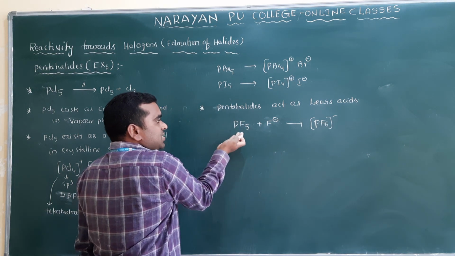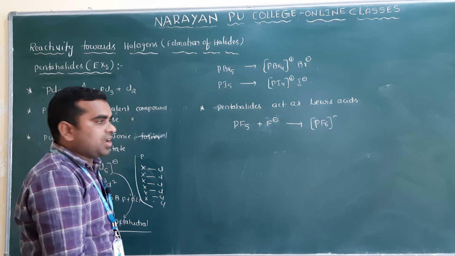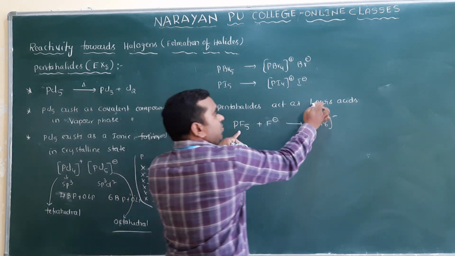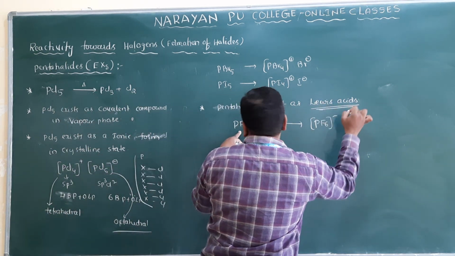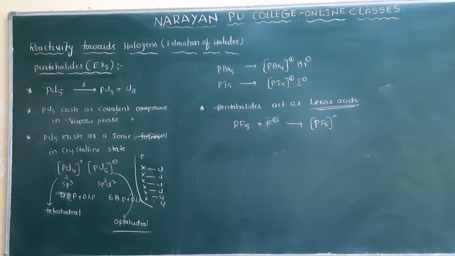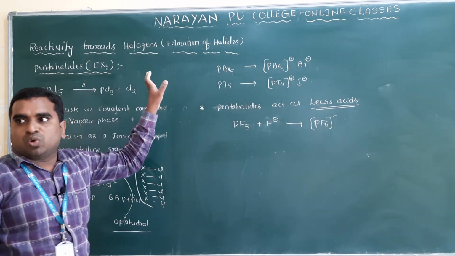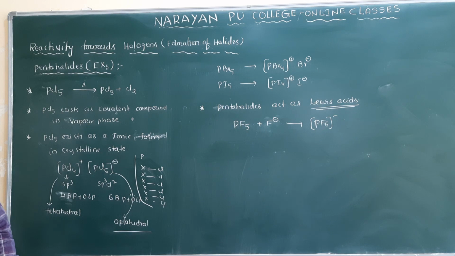These molecules have d orbitals, so they can accept electrons. An electron acceptor we call a Lewis acid. This is about the pentahalides of the 15th group elements. Clear?